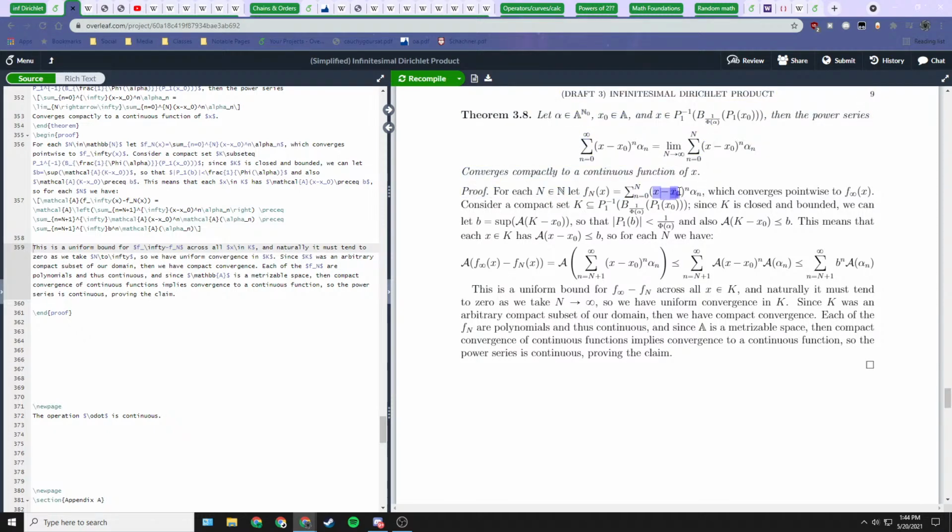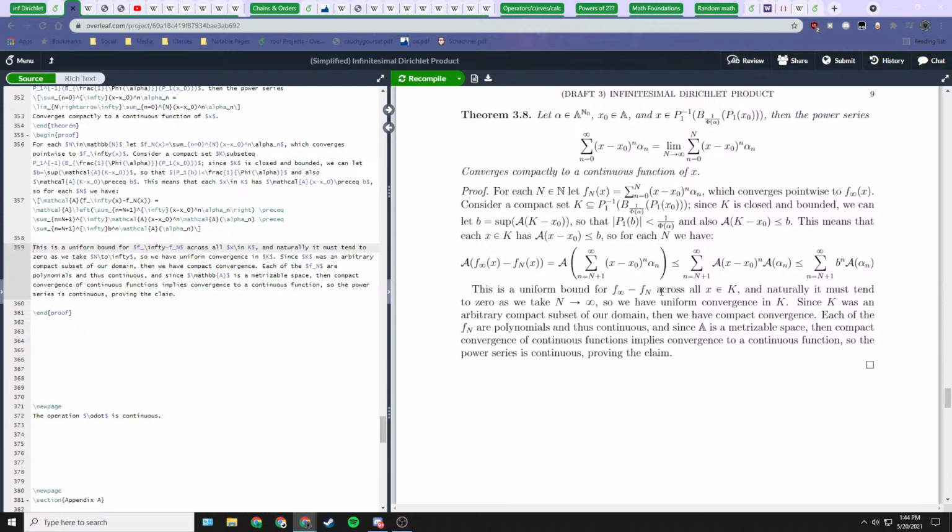X minus x0 is linear, so it's continuous. If we multiply linear functions, that's continuous. If we multiply by a constant, it's still continuous. And if we sum up finitely many continuous functions, that's continuous. So our f sub n is a polynomial, and therefore continuous.